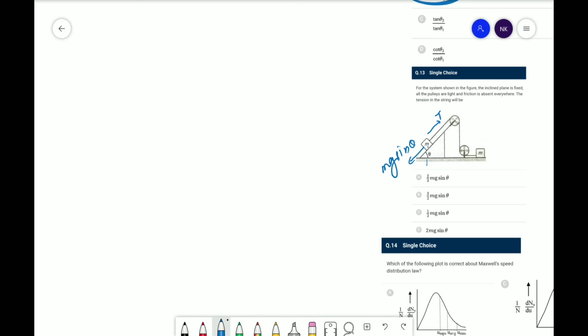So mg sin theta minus T will be equal to mass into acceleration. But according to the question, due to the light weight, T is equal to mass into acceleration.